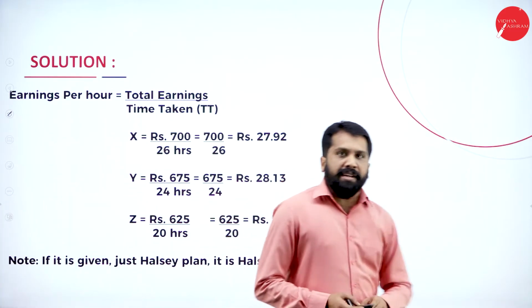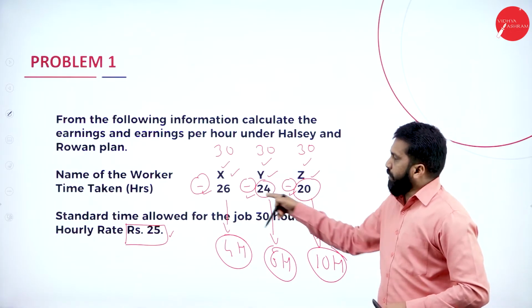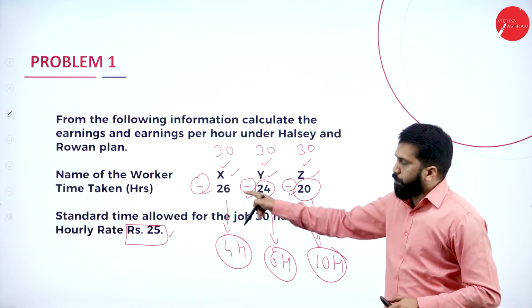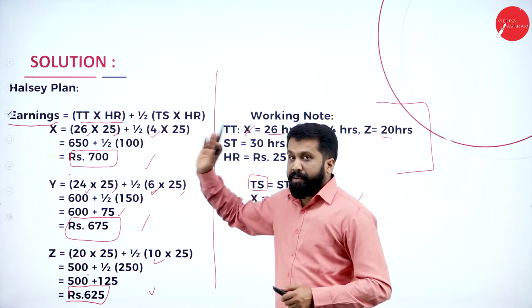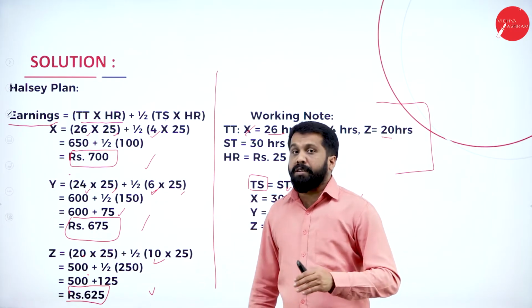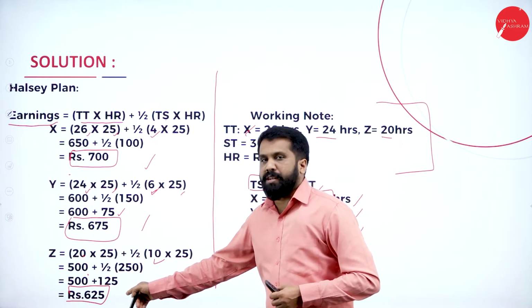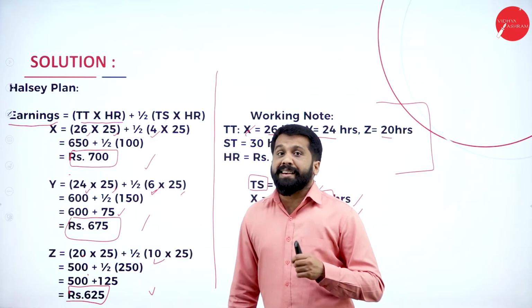You may think that these two have taken 26, 24 hours, so per hour if we pay, they got 700, 675. But the other worked early and was very smart, yet got only 625. Better will take more time and will get more revenue.